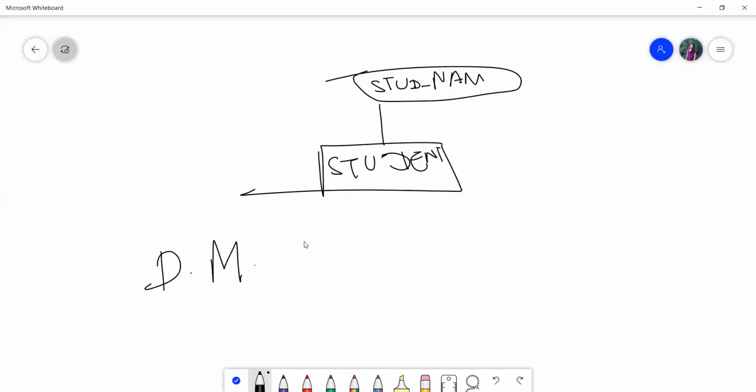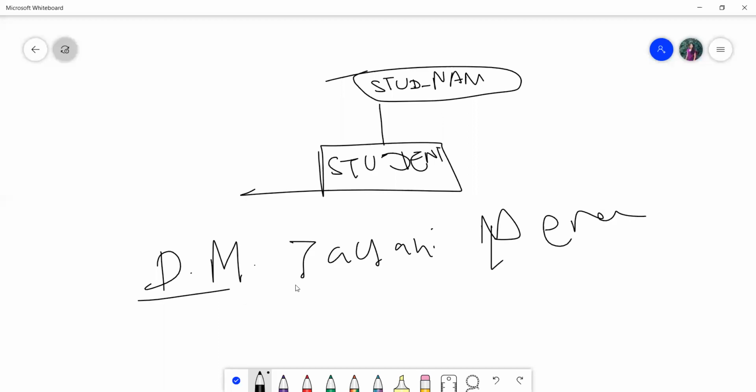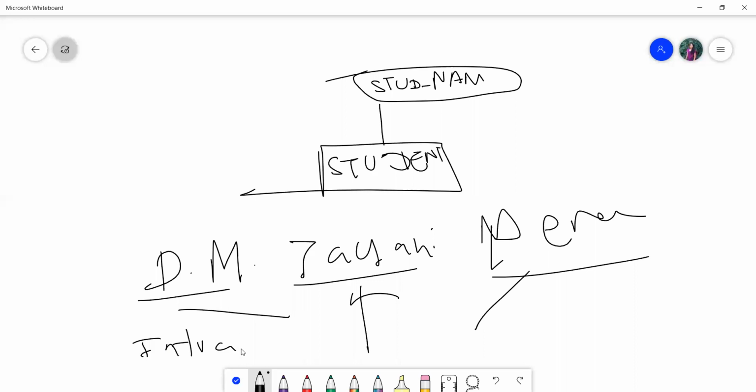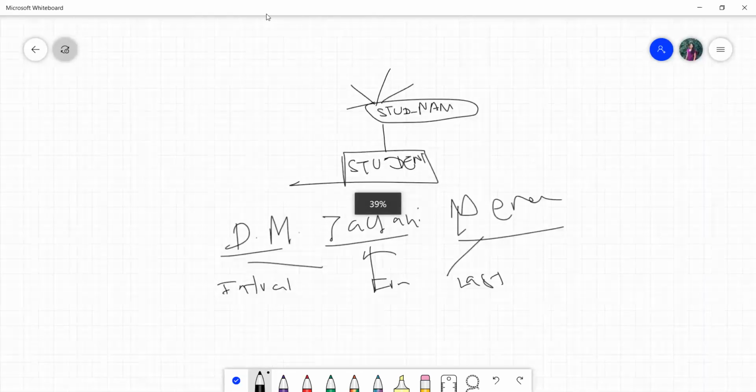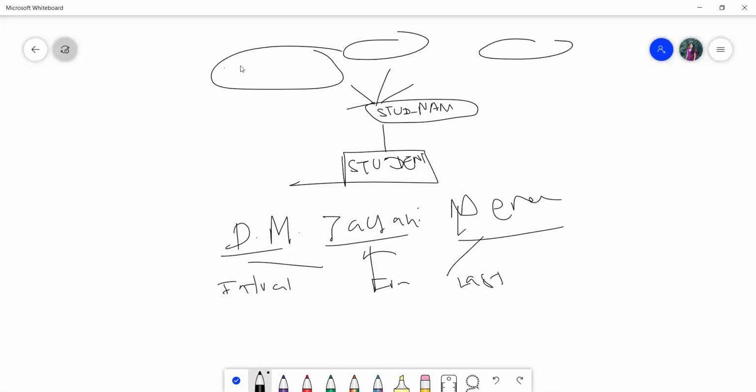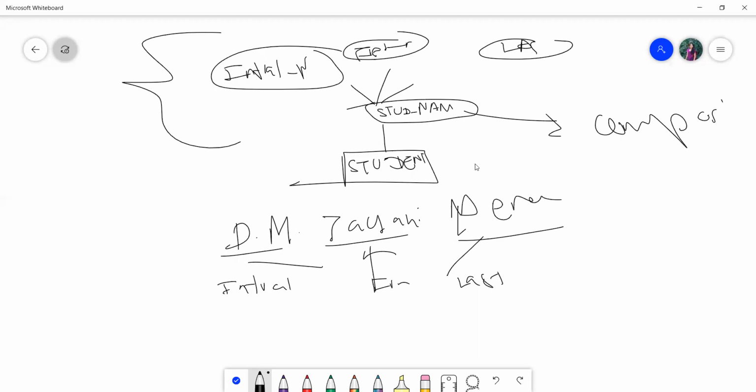You can see the initial, the first name and the last name. So your name can be subdivided into three parts: the initial, the first name and the last name. So student name can be subdivided into additional attributes like initial, first name and last name. This kind of attribute is known as a composite attribute. Is it clear?